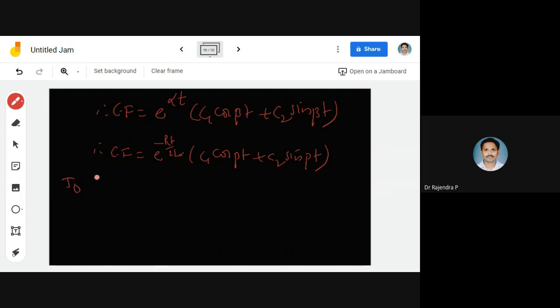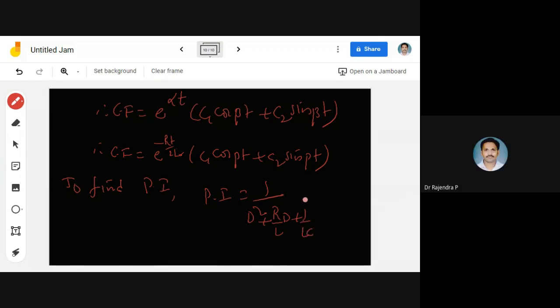Now we will concentrate on the particular integral. As you know, the standard form is 1 by f of D. What is our differential equation? D square plus R by L into D plus 1 by LC, and 1 by LC I can write as p square, right? Yes, sir.